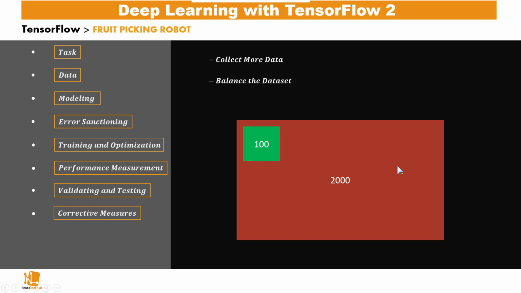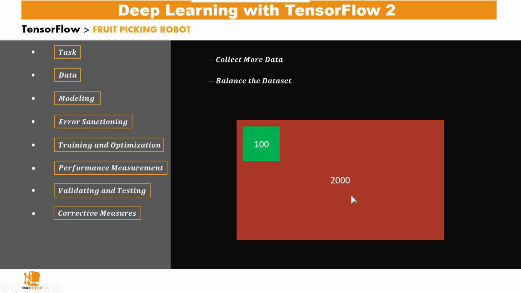And to balance the data set, it means you could gather much more data in which there are unripe strawberries, such that the model learns better how to detect the unripe strawberries. You would have noticed in the different detections that the model was struggling to detect the unripe strawberries as compared to the ripe strawberries. And this is simply due to the fact that the data set was imbalanced.